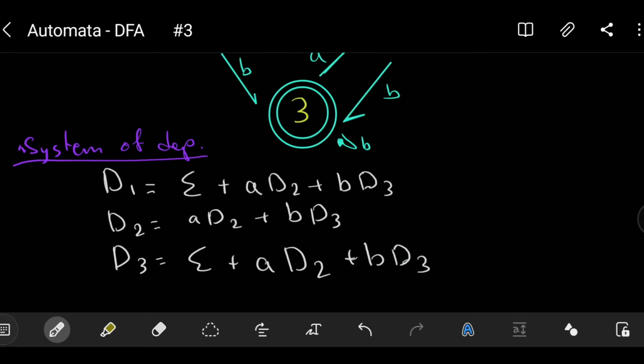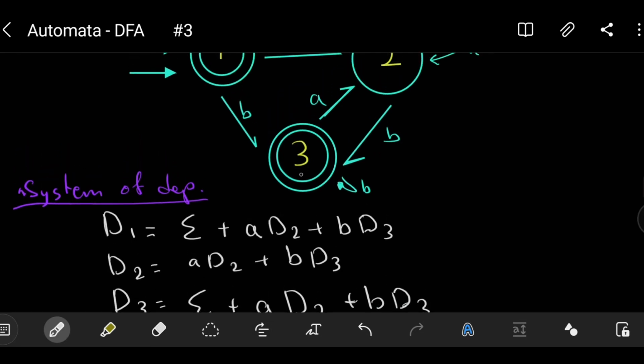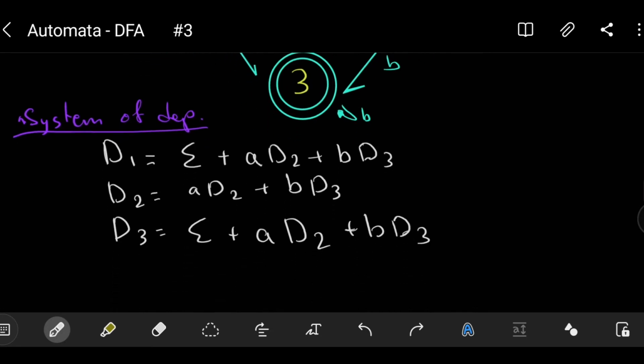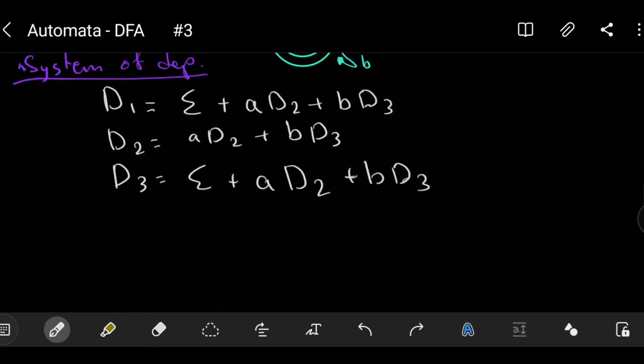I guess you understand it, because D3, or state number 3, is a final state and it takes an epsilon, and A will give me 2. So if I am on state 3 here and I pressed A, it will give me state number 2, and if I press B, it would give me itself.